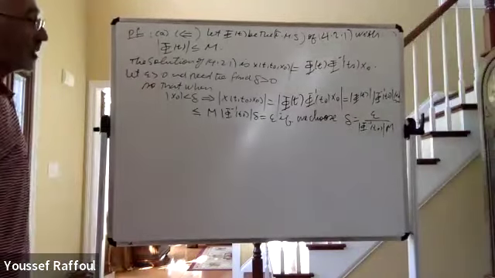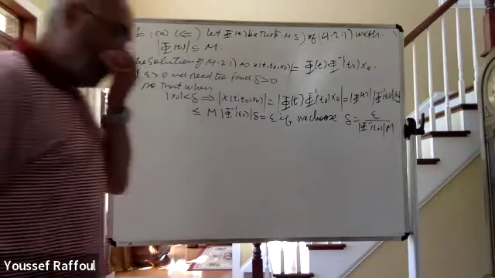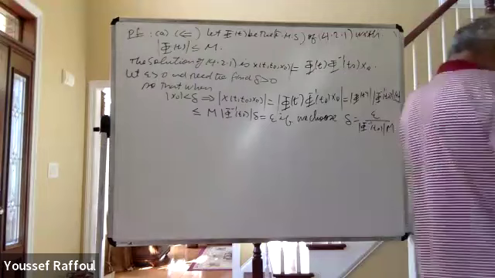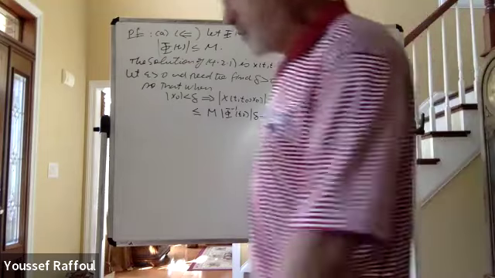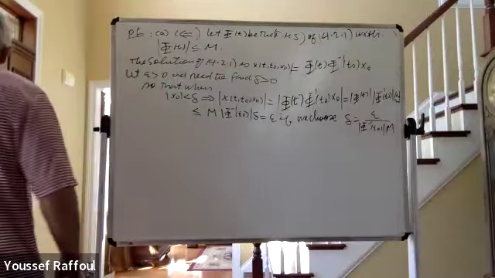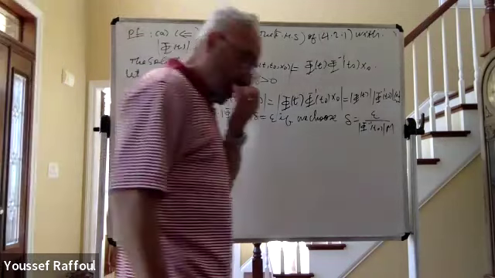So this shows stability. Okay? Take a look at it. So we already know what delta is in terms of epsilon. Any questions?